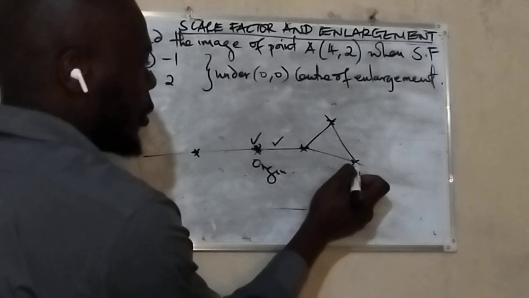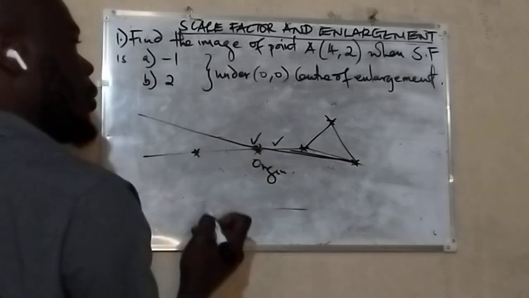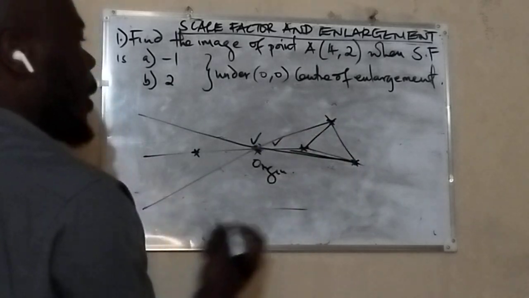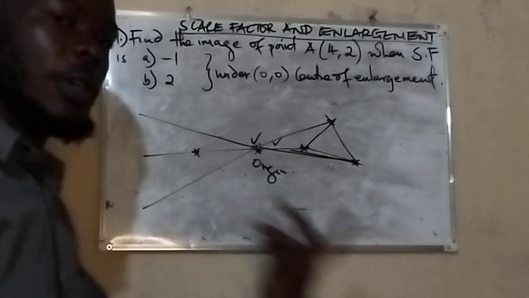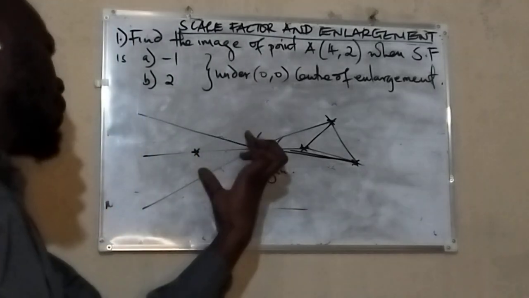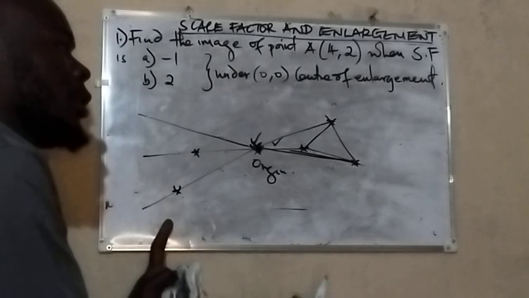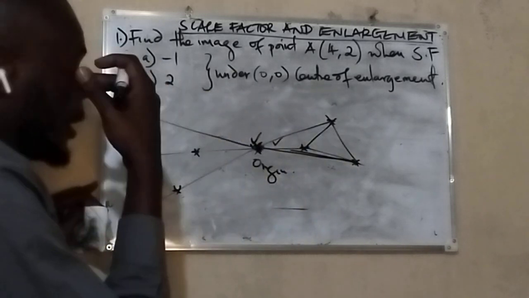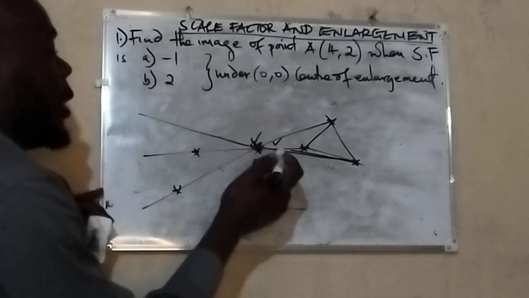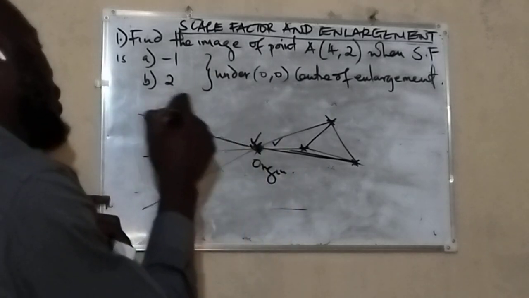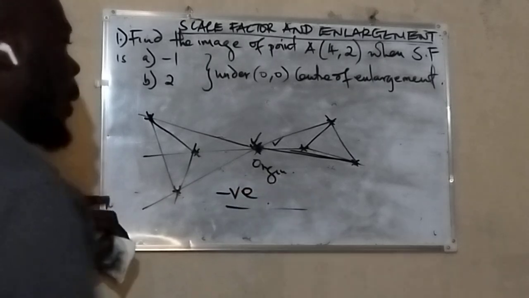The same applies to this point. You connect it using a straight line passing through the origin. Then you measure this distance. If the scale factor is negative 1, you just multiply by 1, then it becomes on the other side. You measure again from the point of origin. If it is negative 3, you multiply that distance by 3, then you measure from the origin towards this other side. So this kind of enlargement is negative.